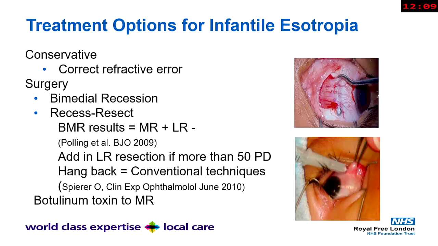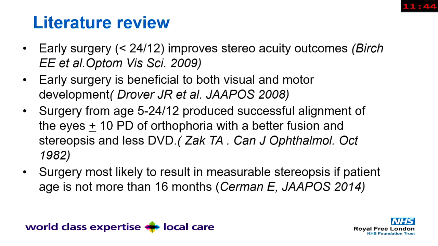You're just recessing a muscle, so you're not losing any tissue, and if it all goes wrong, you can always re-advance it. We prefer to do a hangback because, again, I have a lot of residents, and it's much better suturing anteriorly where you can see what you're doing, but I think to fix to the sclera is actually a very good technique, and you get less inflammation because you leave less Vicryl behind. And toxin is just another addition to our armamentarium for this condition.